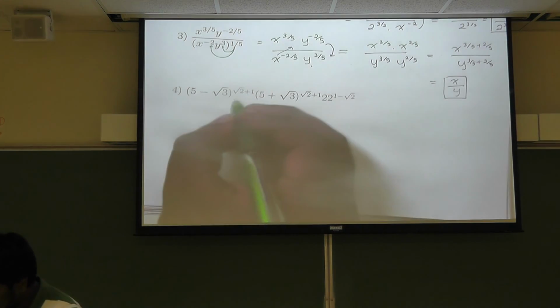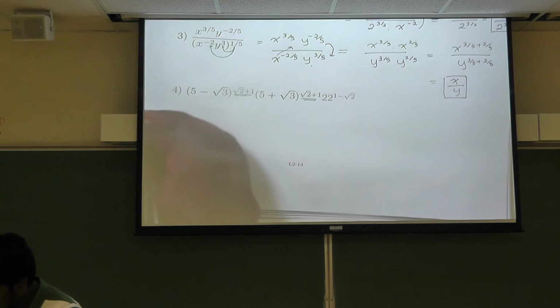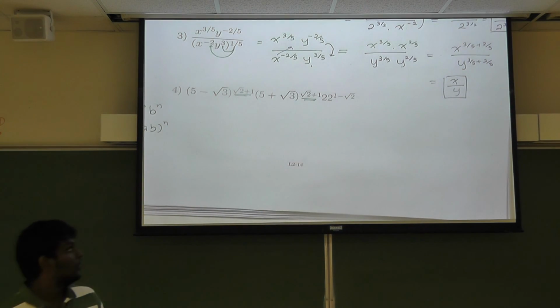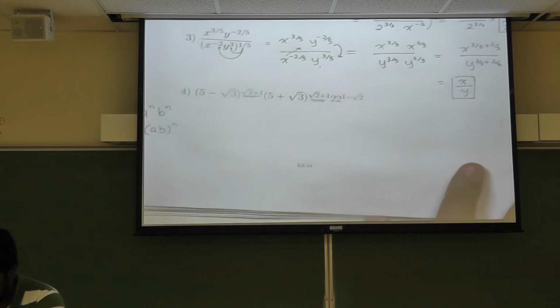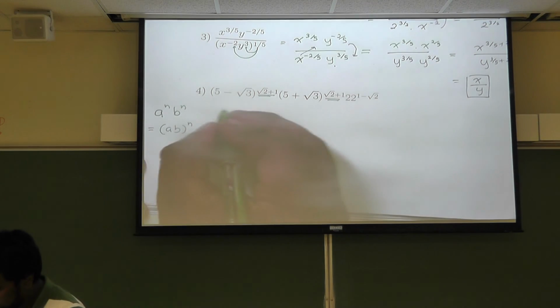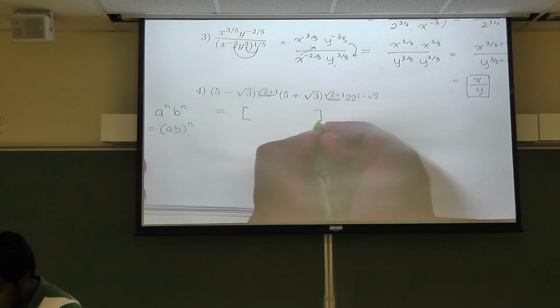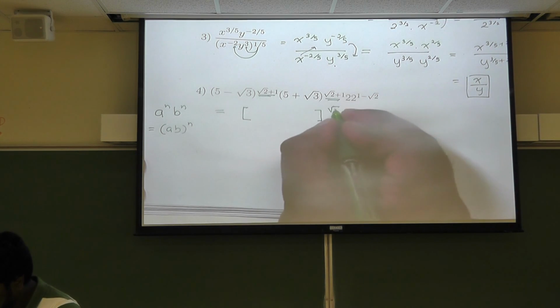Okay, first of all, you can see that these exponents are the same. So here what I'm using is a to the power n times b to the power n is the same as ab to the power n. That is one of the rules that we learn in class. So if the exponent is the same, you can multiply the base. So what I do is, I will multiply the base with the same exponent, root 2 plus 1.